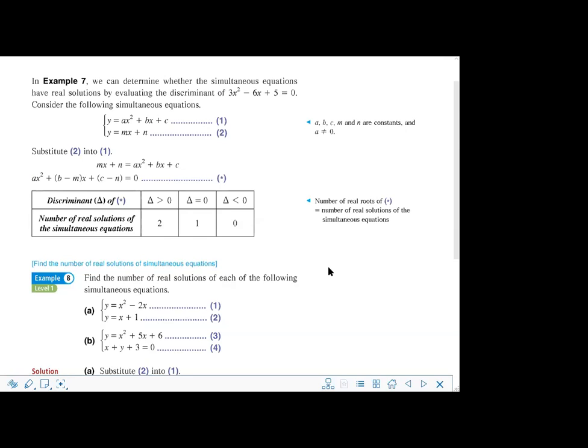So in this section, you are going to use the delta to check whether the simultaneous equations have two different real roots, or have one real root, or have no real roots.